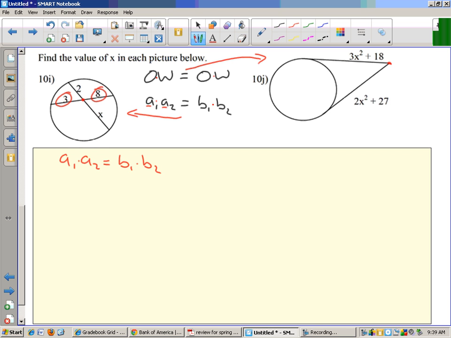A1 and A2 are parts of the same line, so 3 and 8 equals, now what's B1 and B2 going to be? 2 and x. Divide both sides by 2, and that reduces to 1. Divide this by 2, and that's going to reduce to 4. 3 times 4 is 12, which equals x.